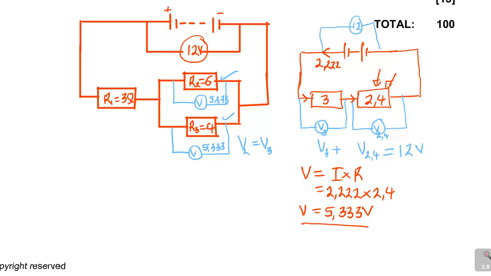Look at this. When the current comes here, it is going to divide. Some of it will go in this direction, some of it will go in that direction. I'll call this I2 and this current I3. We are interested in the current I2.